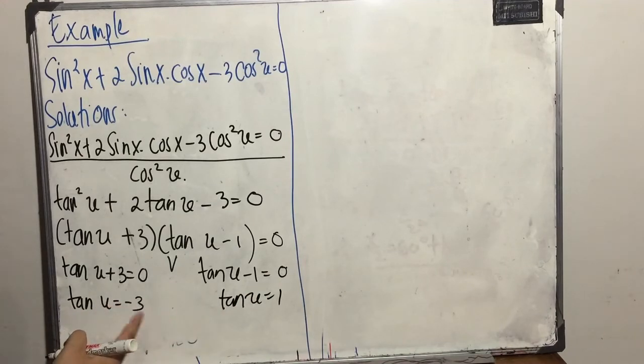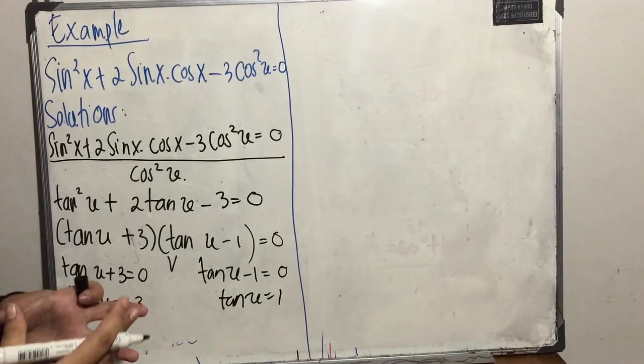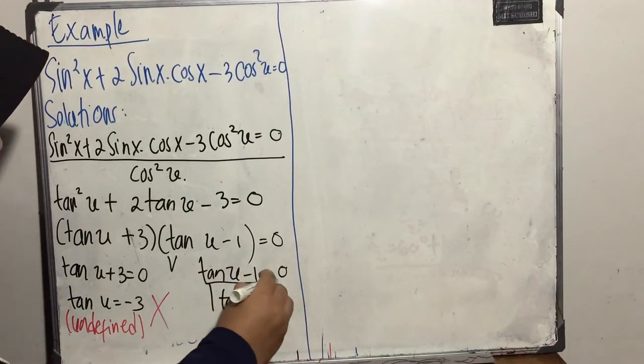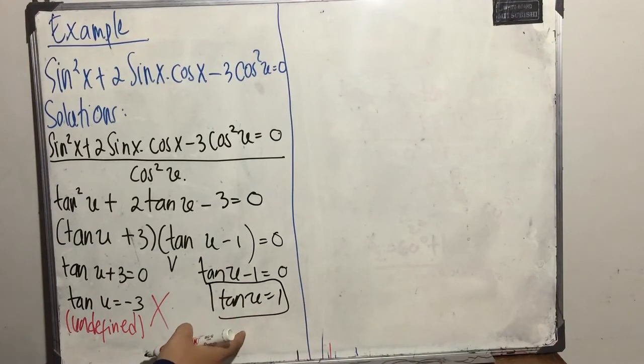Can you see, for tangent x equal to minus 3, we don't have any value for this, so we can rewrite this one as undefined, or you can just cancel it. So we just need to solve this one, because this one is undefined.